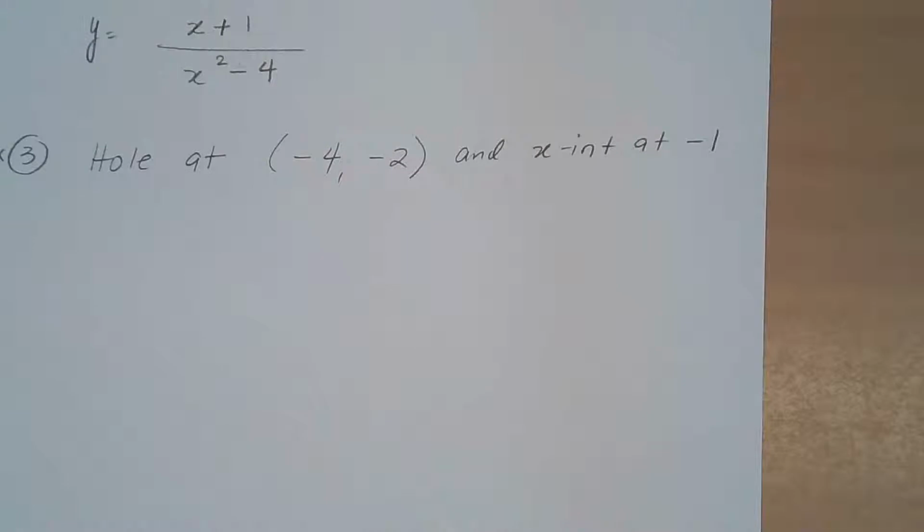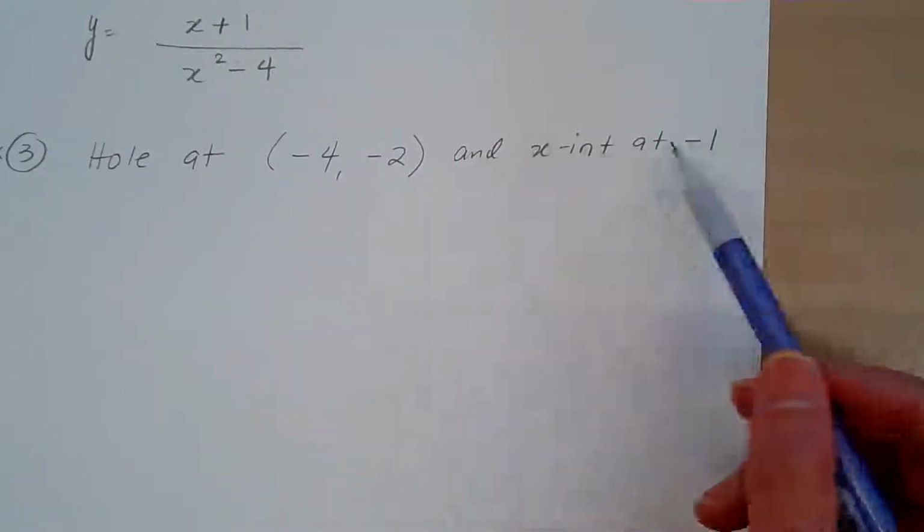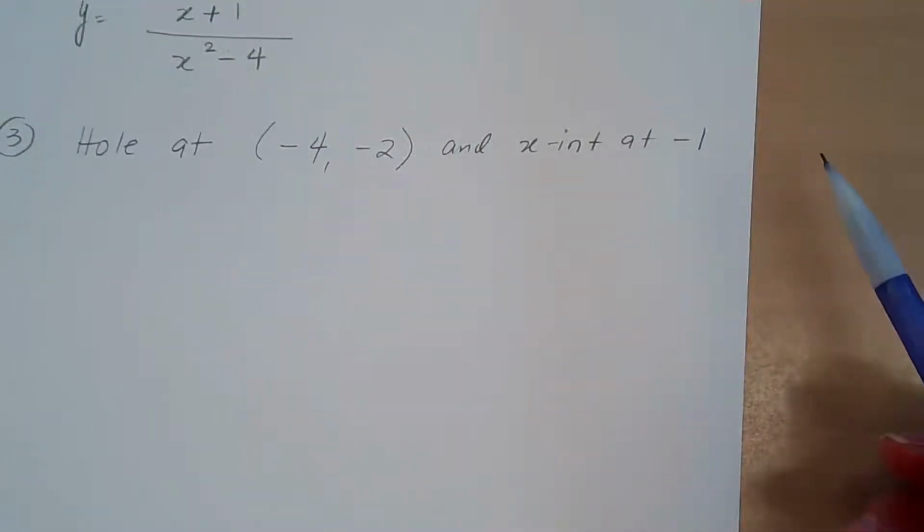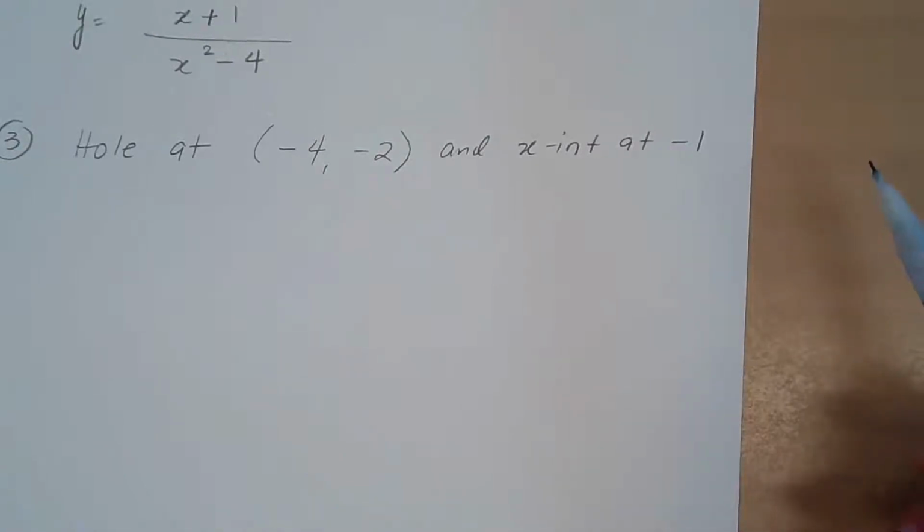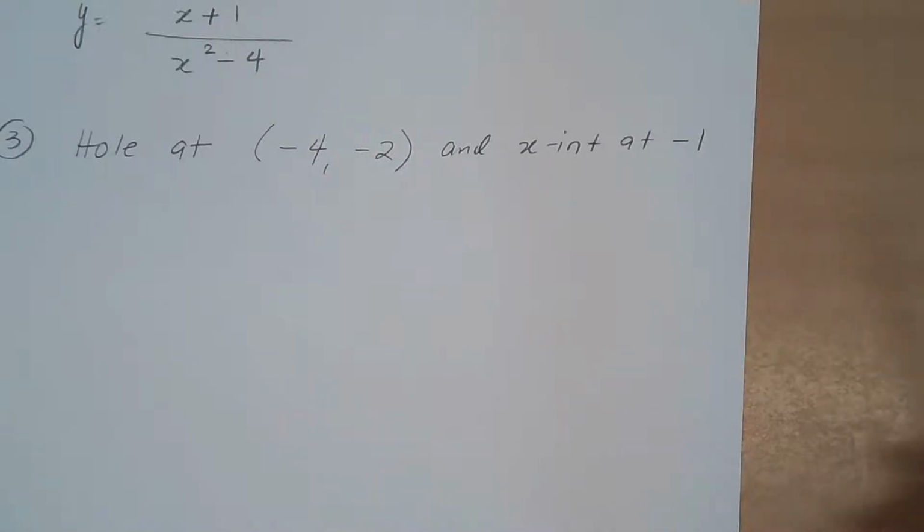There's a hole or point of discontinuity at (-4, -2), and then the x-intercept at -1. So that really means that there's no horizontal asymptote and no vertical asymptote given in here. There's many possibilities here too.